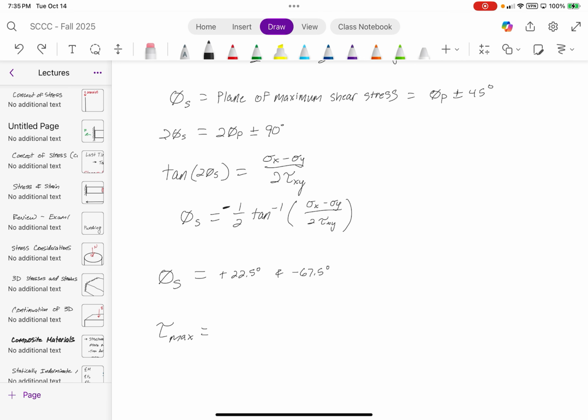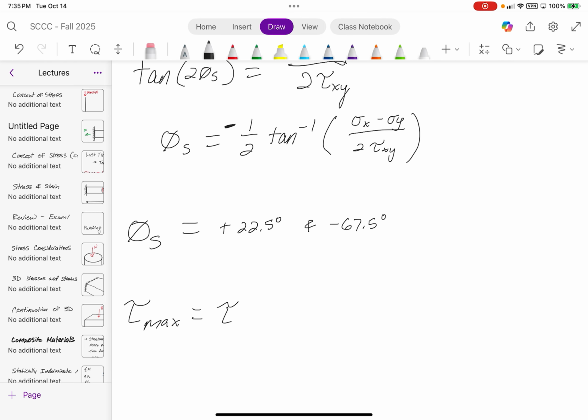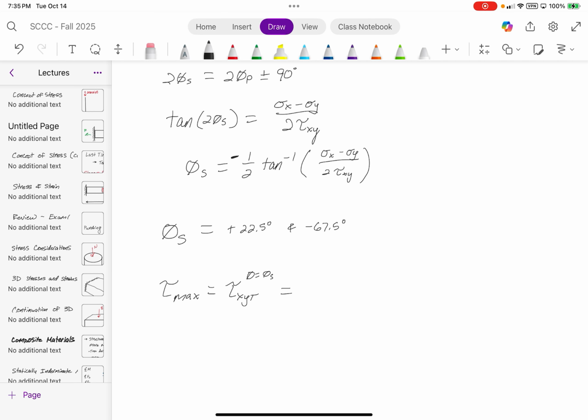And then for the maximum shear stresses, we just use our tau x y t equation, but we set theta equal to theta s for both situations. So if you use negative 22.5, you should get the following.